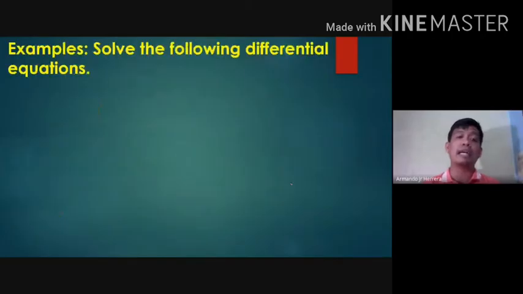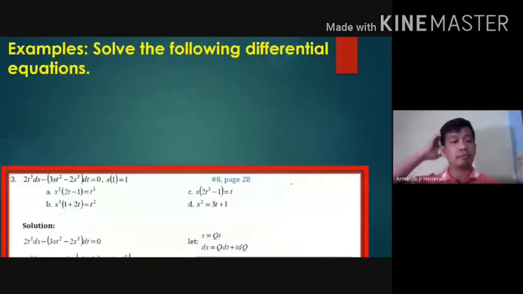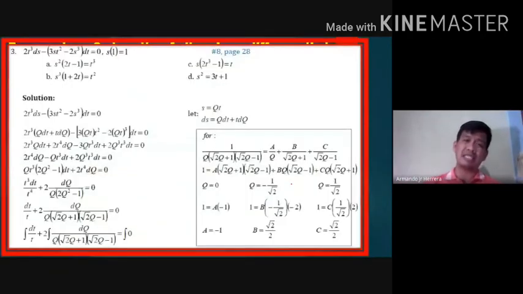So gagawa tayo ng illustration. So this is again taken from the book Engineering Differential Equations by Bravo Cruz Gomez. So this is number 8, page 28. So given that 2t cubed ds minus the quantity 3s t squared minus 2s cubed dt is equal to 0.